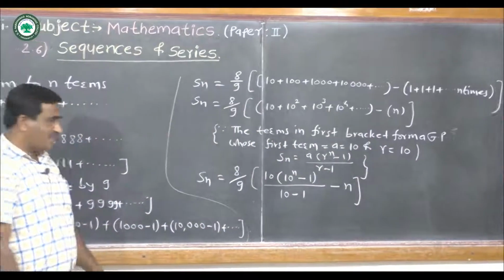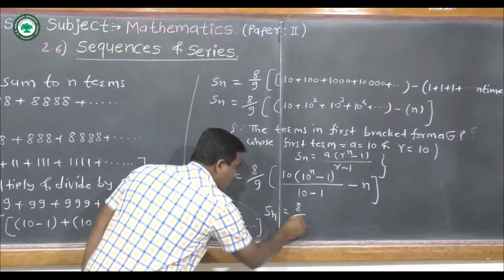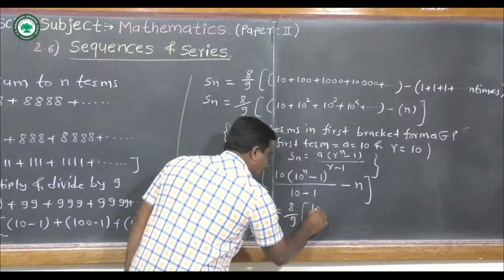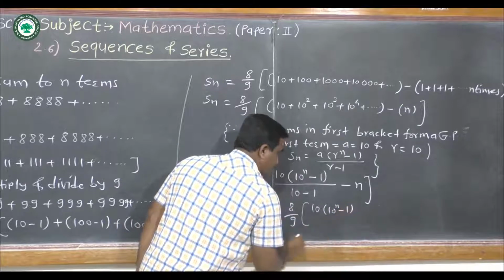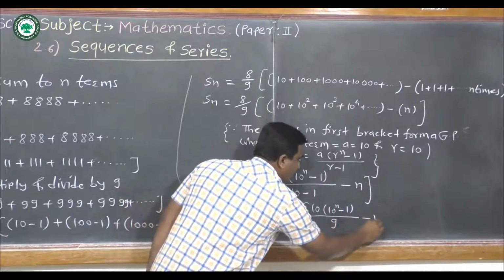That is Sn is equal to 8 by 9 into, in square bracket, 10 into 10 raised to n minus 1 upon 10 minus 1 means 9, minus n.